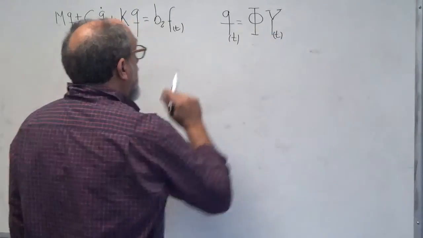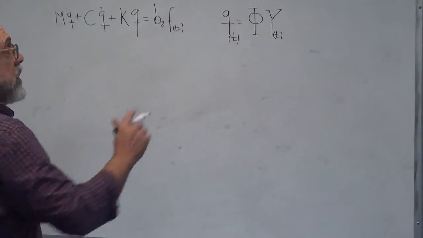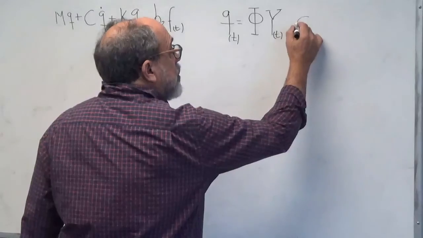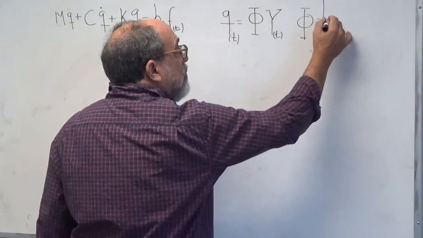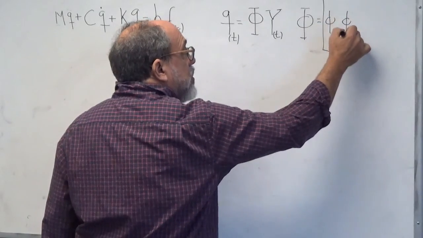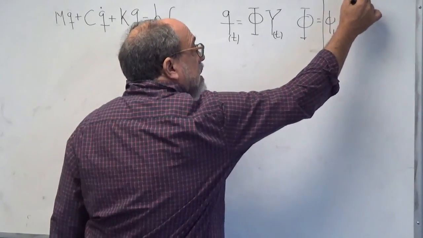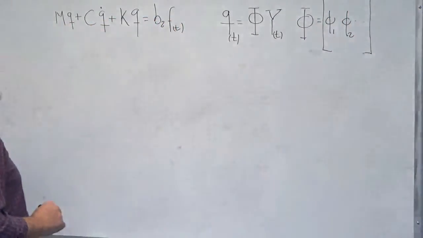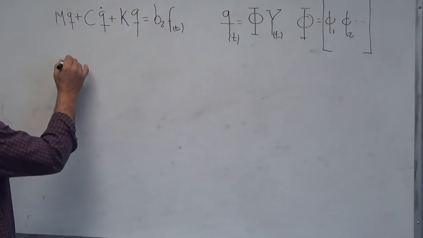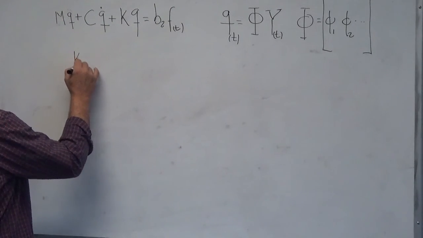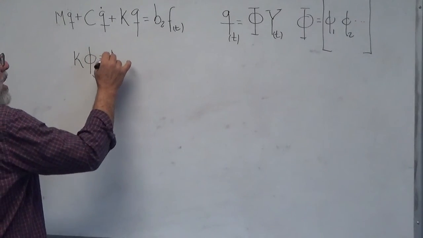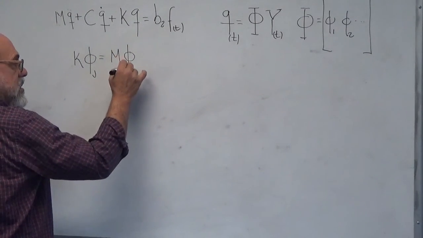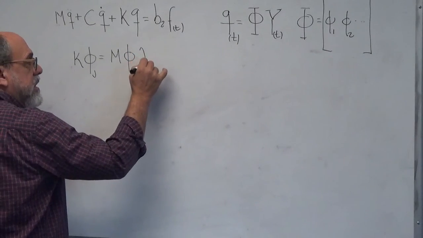Now this matrix, which contains the eigenvectors, has columns which are phi 1, phi 2, etc. And we recall that they are the solution of K times phi j equals M times phi j times lambda j.